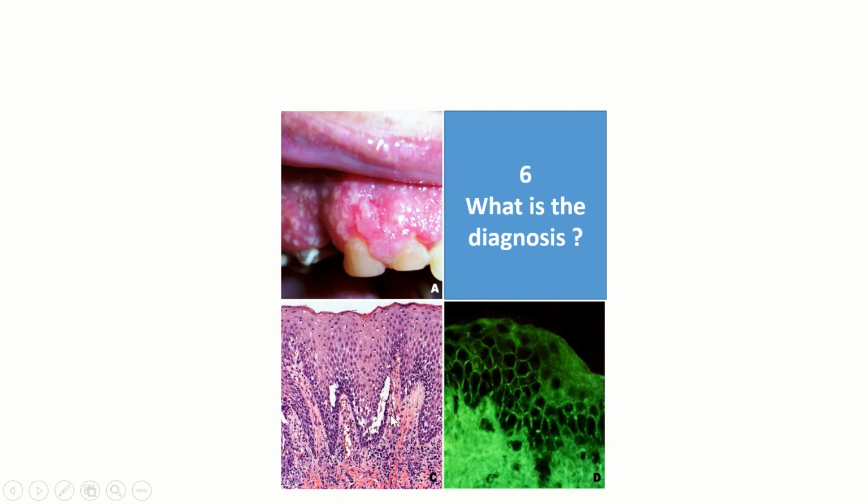What you see here? There is intraepidermal bulla formation, intercellular configuration as chicken wire, and here are vegetative lesions. So you can consider the diagnosis compatible with these figures as pemphigus vulgaris in vegetative shape, actually pemphigus vegetans.